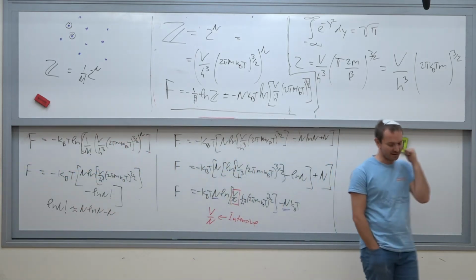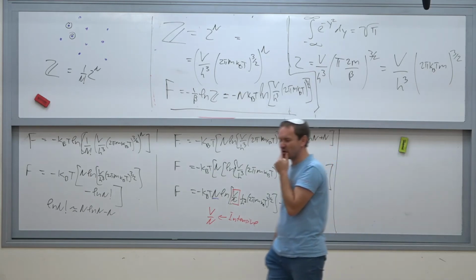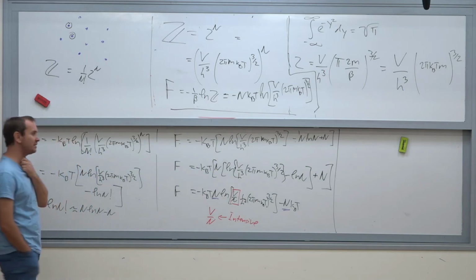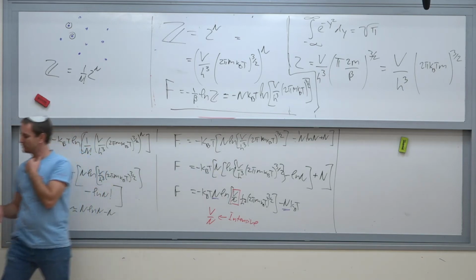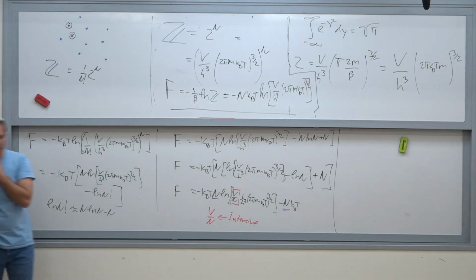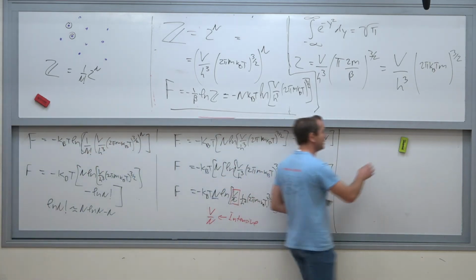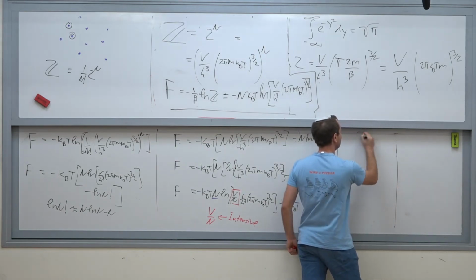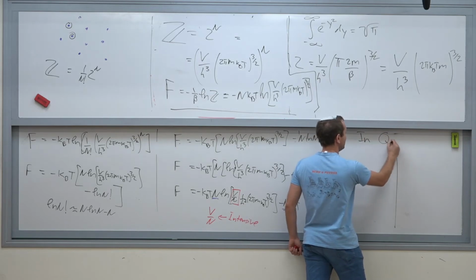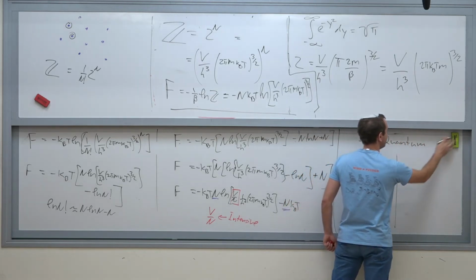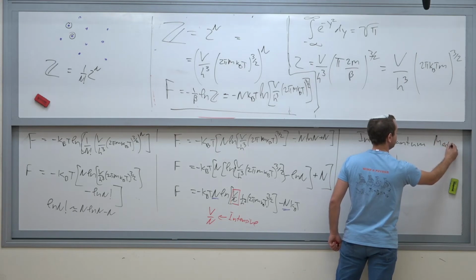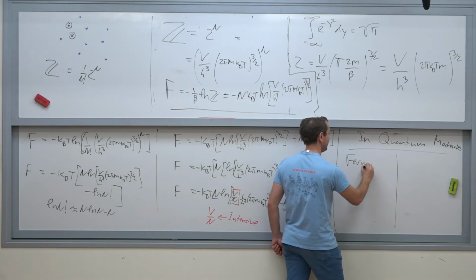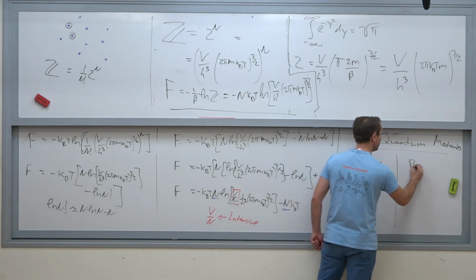The answer to this paradox can only be obtained from the quantum mechanical perspective. Because in quantum mechanics there are two different kinds of particles, okay? There are fermions and there are bosons.